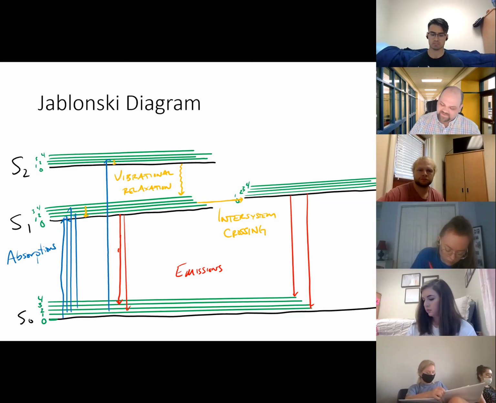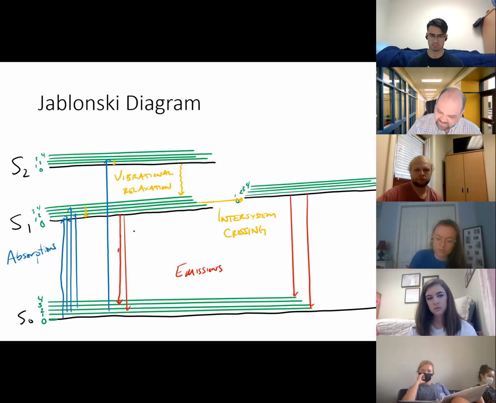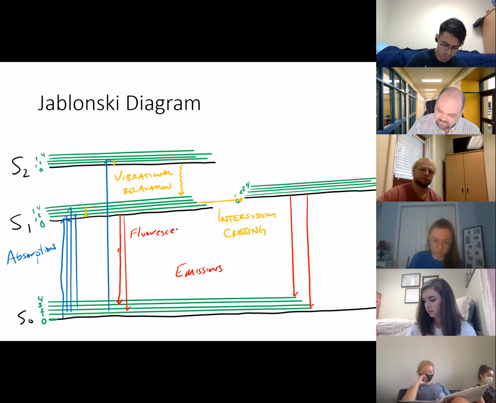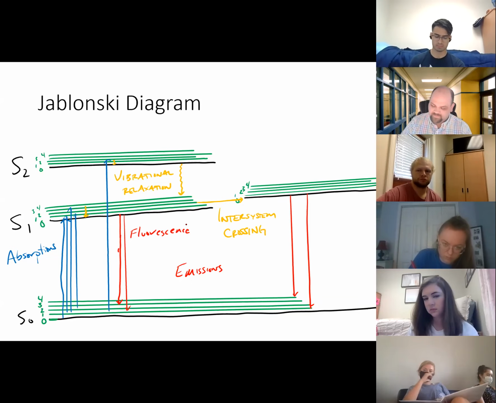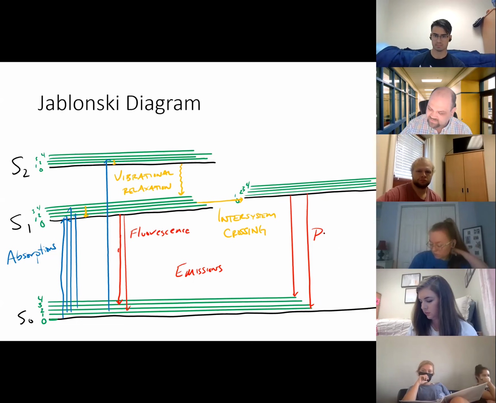When we think about something giving off light, we often talk about that as fluorescence. Right? And that is, of course, the most common way of doing something. If we have a T1 to S0 transition, that is associated with phosphorescence.